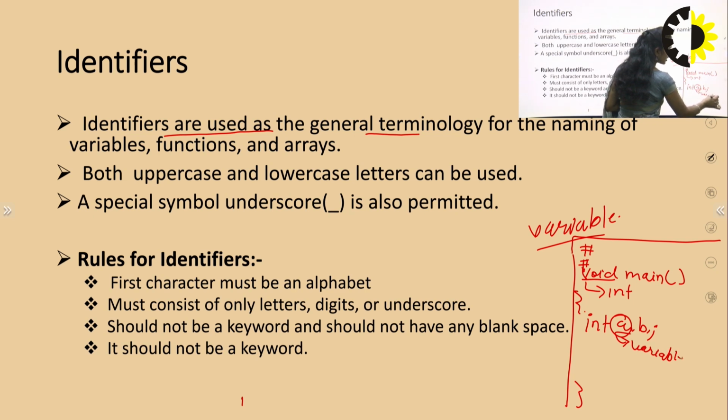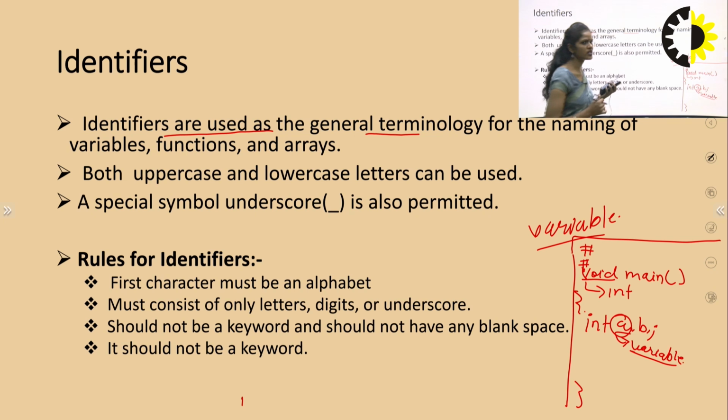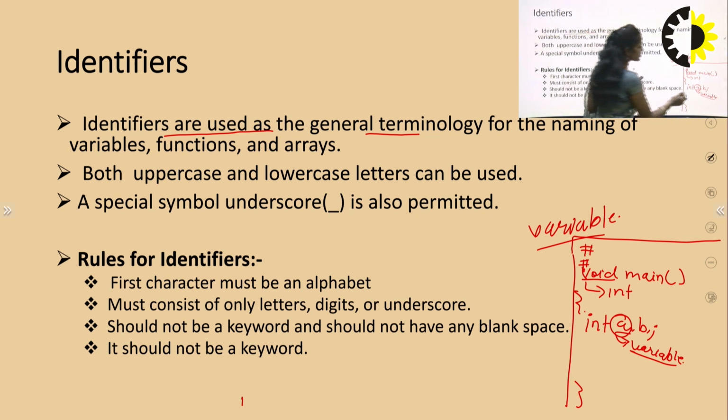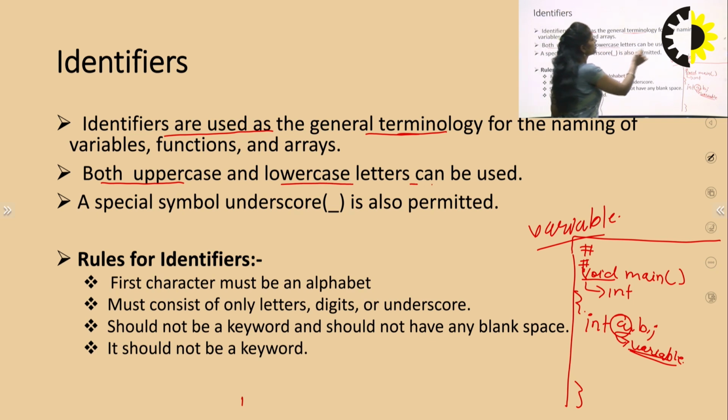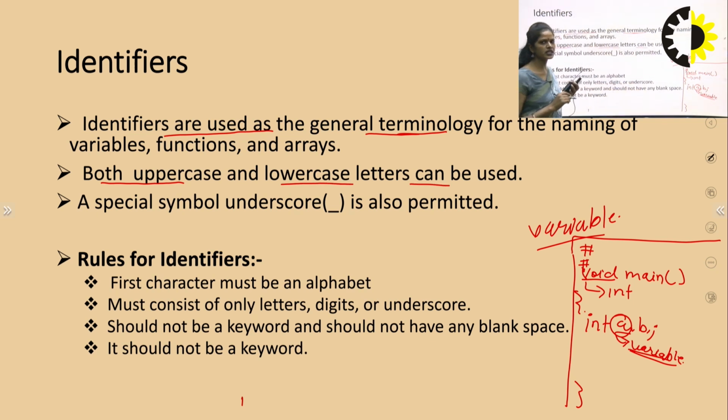A variable is a terminology which we use for naming purposes, and the same thing we also define as an identifier, but an identifier has some specific meaning apart from the system keywords, right? Both uppercase and lowercase letters can be used as an identifier.